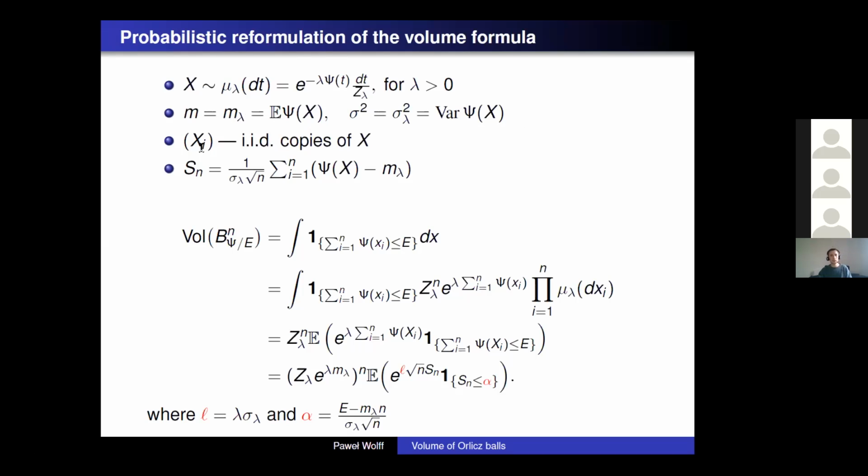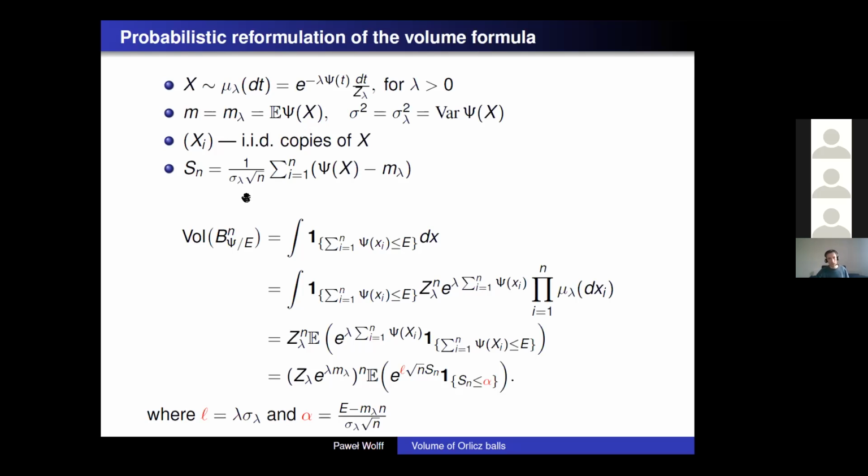Let's take IID copies of X, and let's take the sum here. Another typo, it should of course be Xi here. So we take the normalized sum of the variables psi of Xi, normalized as in the central limit theorem, and we call it Sn.